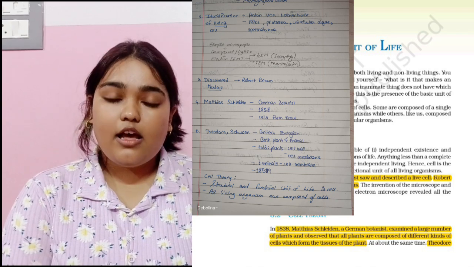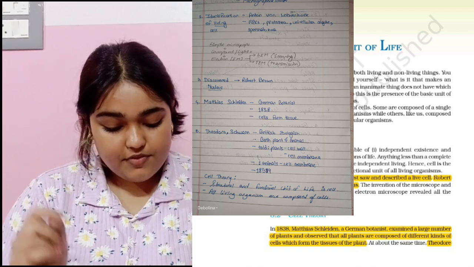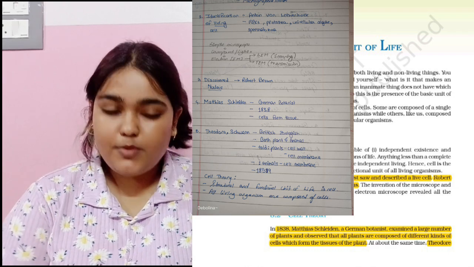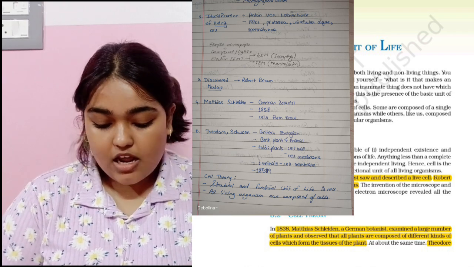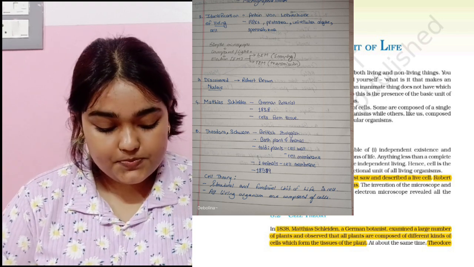Third, in the year 1838, we have Matthias Schleiden. He was a German botanist who examined a large number of plants and discovered that all plants are composed of different cells and different tissues.